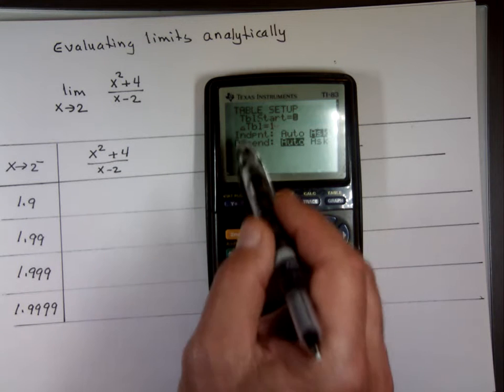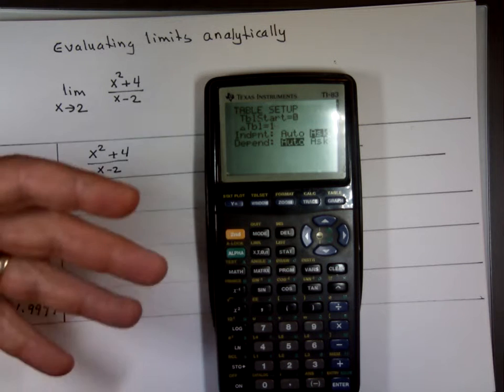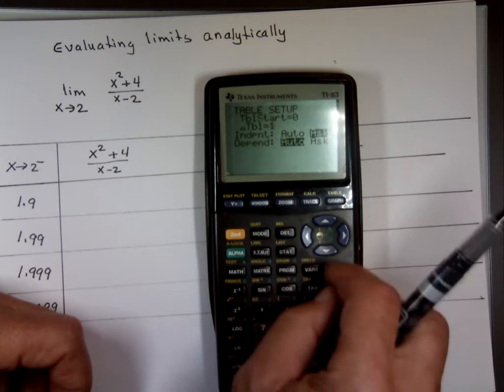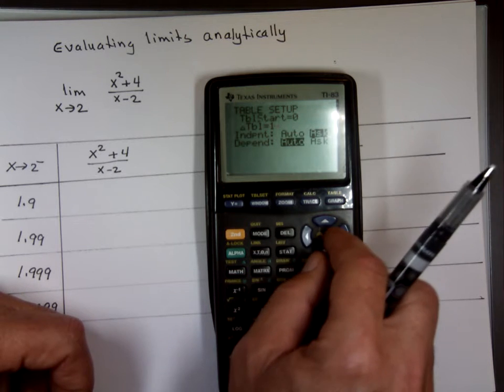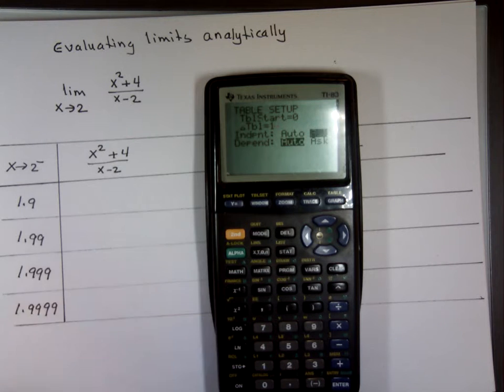If it's not in the ask mode, the calculator is going to do 1, 2, 3, 4, 5. It's not going to do 1.9, 1.99, 1.999. Notice I can move it left and right, go down here, till you get that into that mode. You go, I want to be in the ask, and you hit enter. Then you're in the ask mode.